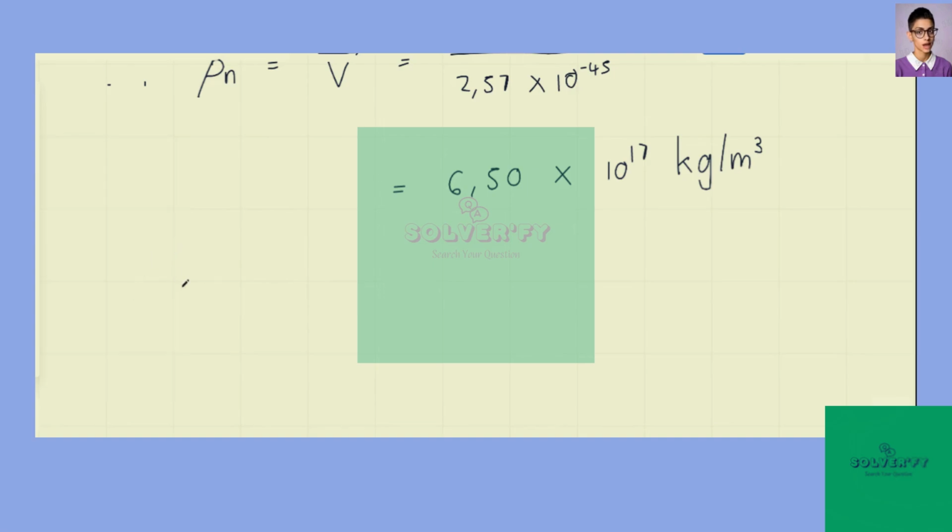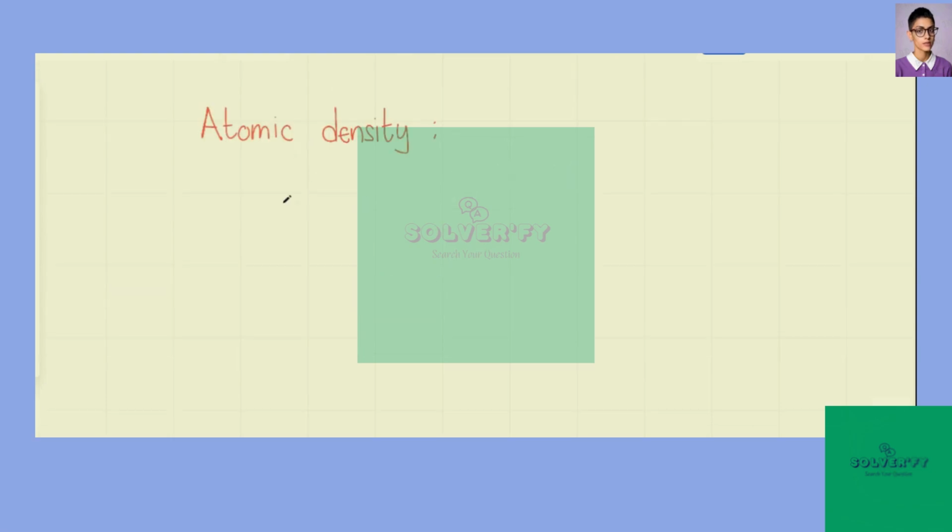Now, let's calculate the atomic density for the entire hydrogen atom. So first we need to calculate the volume of the atom. The volume, again, we assume it's spherical, is 4/3 pi r cubed, where r is now the Bohr radius that we are given.